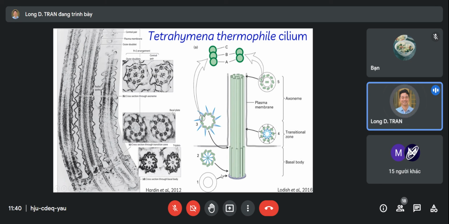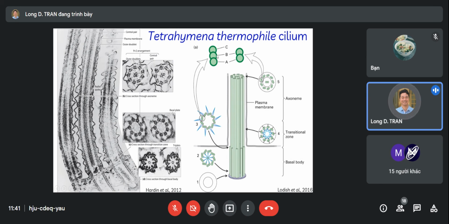At the basal body we have 9 sets of 3 microtubules. These 3 microtubules are named A, B, and C, whereas the A tubule contains 13 protofilaments, whereas the B and C tubules contain only 10 protofilaments.